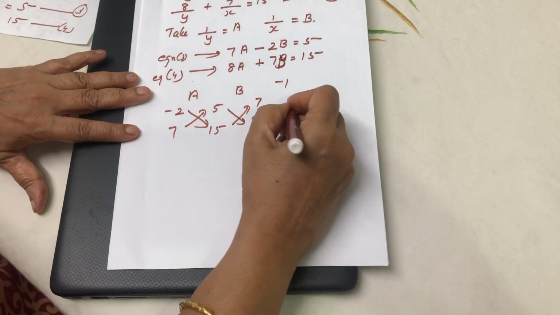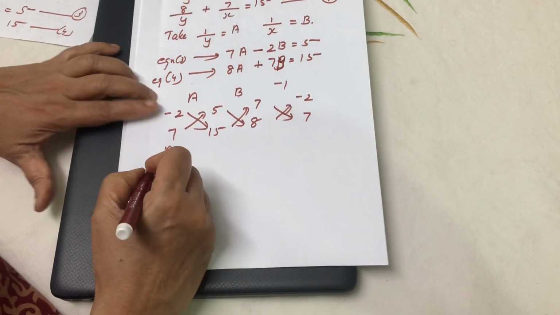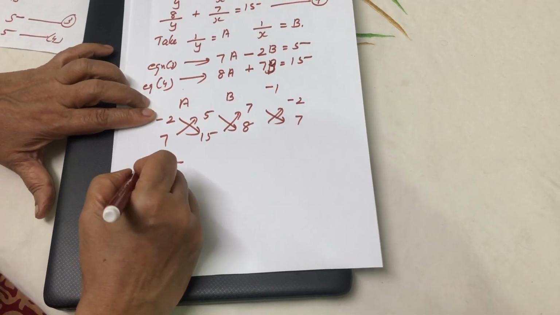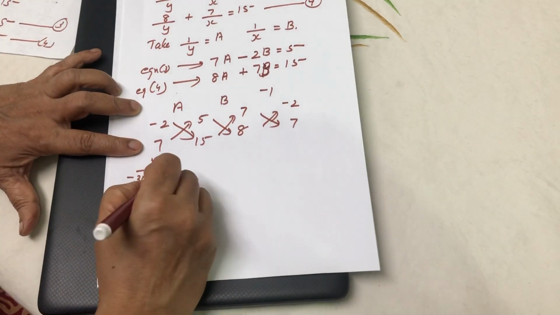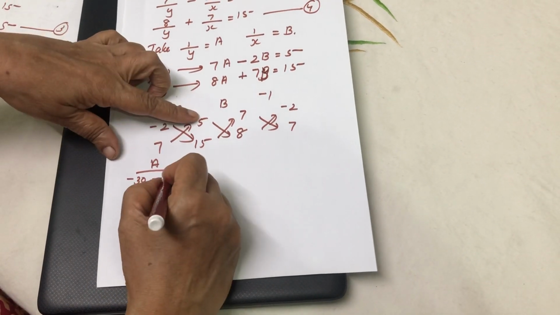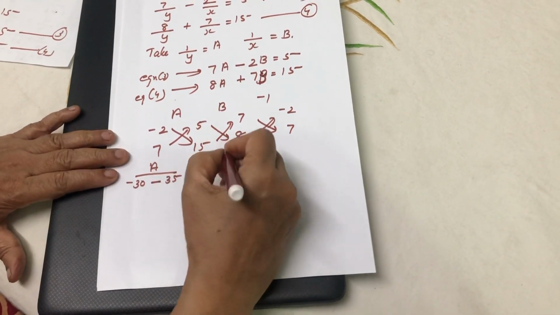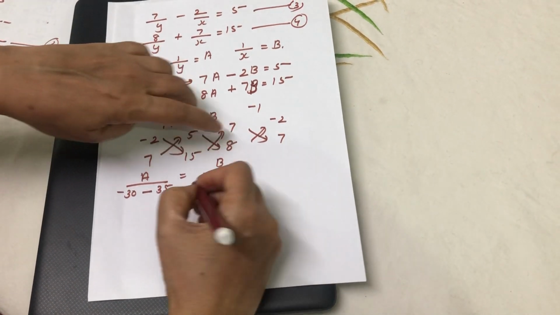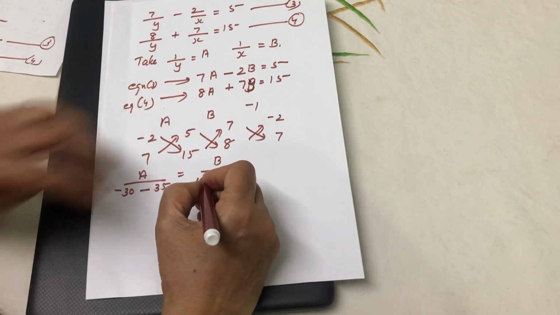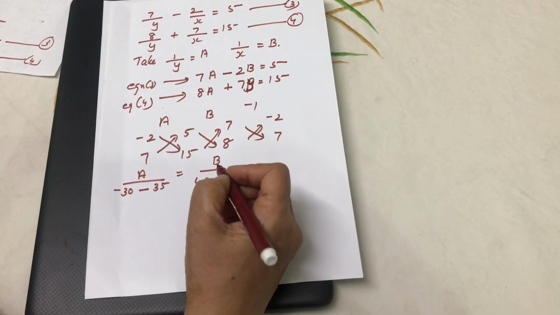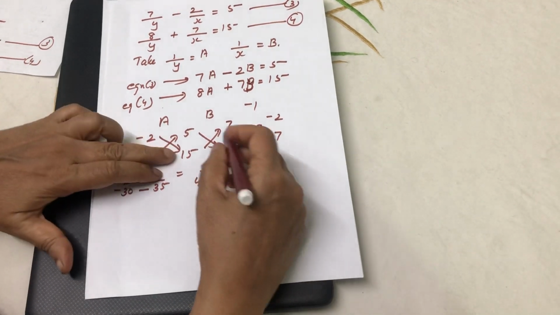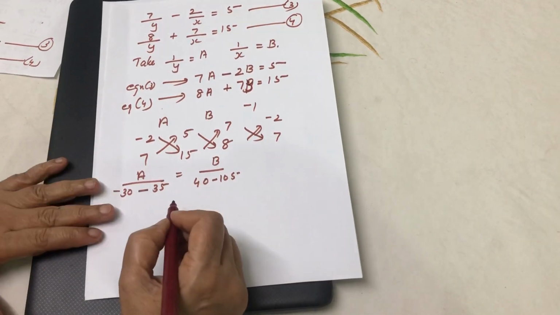Again, put the arrows. A by minus 2 into 15 is minus 30, minus 7 into 5 is 35, so minus 65. B by 5 into 8 is 40, minus 105, which is minus 65.